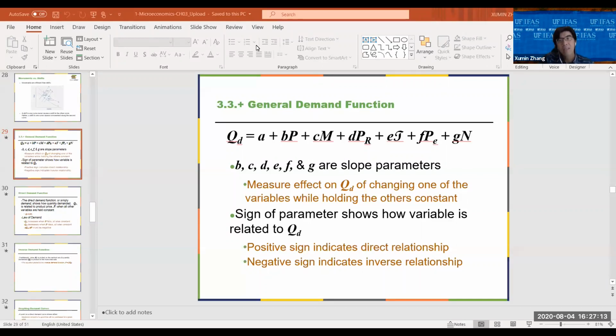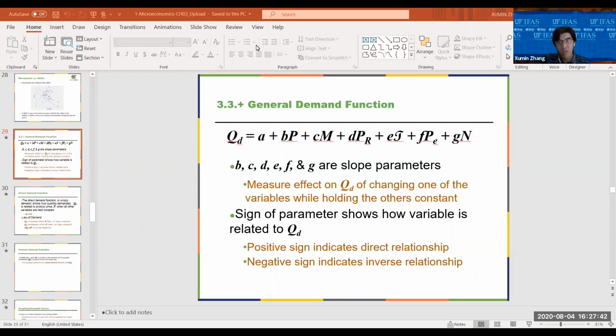So we can estimate, for example, in this case the quantity demanded, by the price, income, price of substitutes, price of complements, and also people's preference. We put those together to use a mathematical way to come up with the idea. This is a very important part in our economic study.